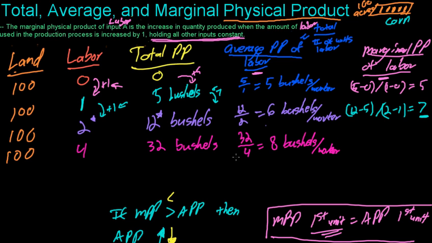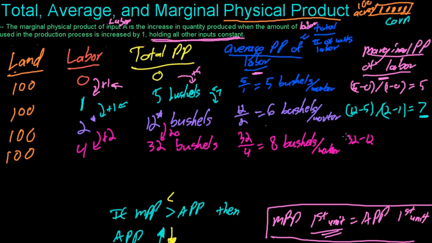Cool. Alright, so then the marginal physical product of labor, here we jumped by 2. We increased the amount of labor by 2. So we are going to have 32 minus 12, this increase right here, and that is going to be an increase of 20.